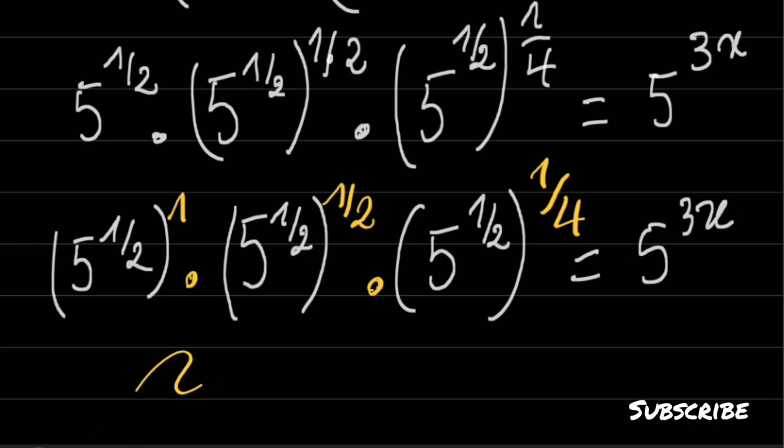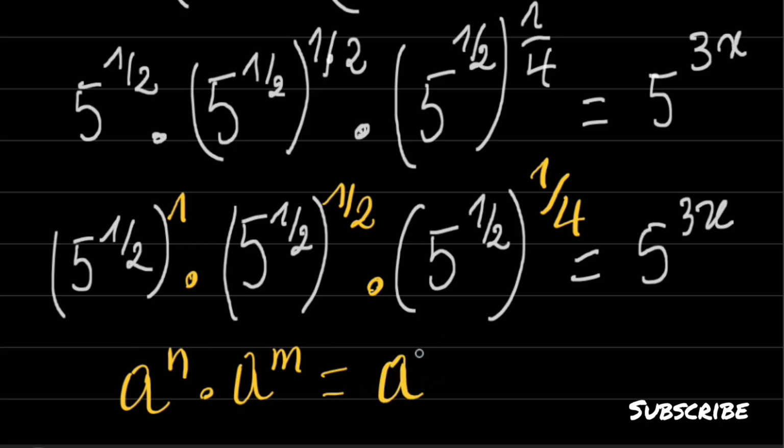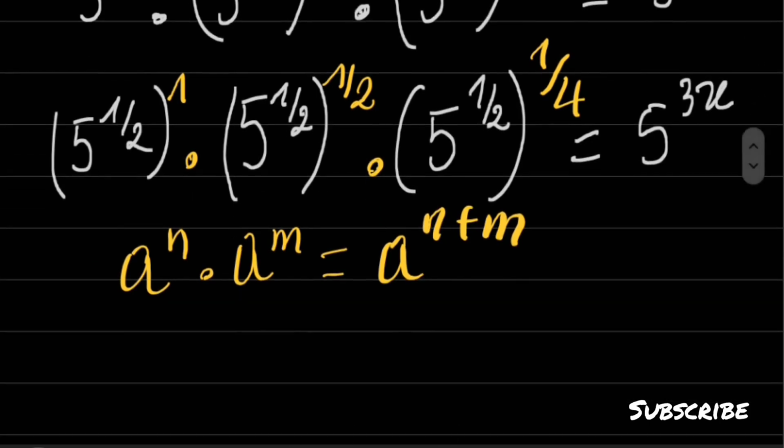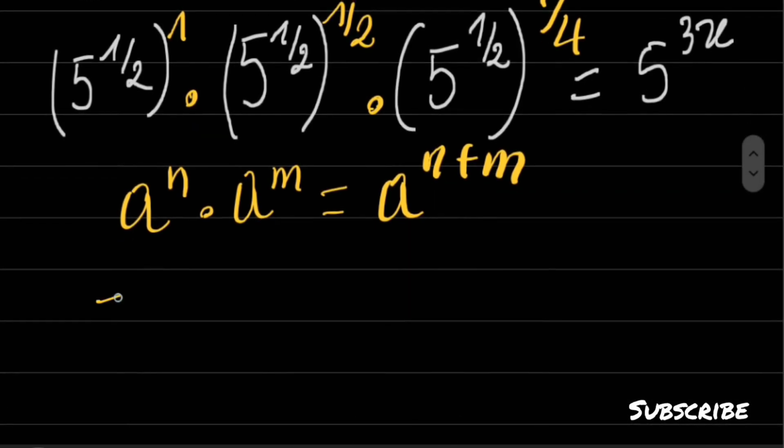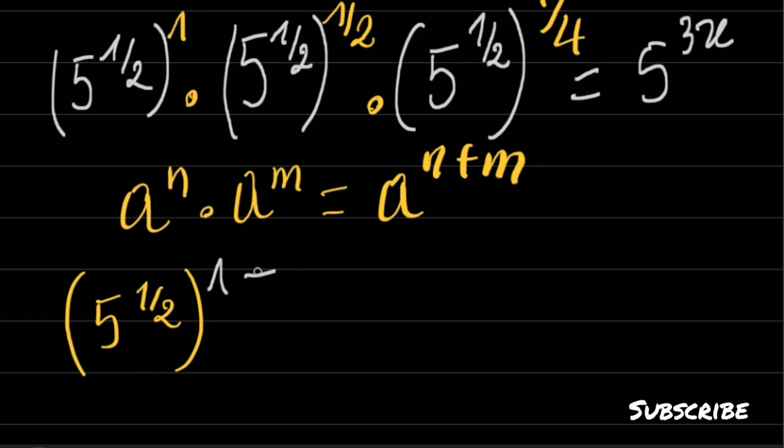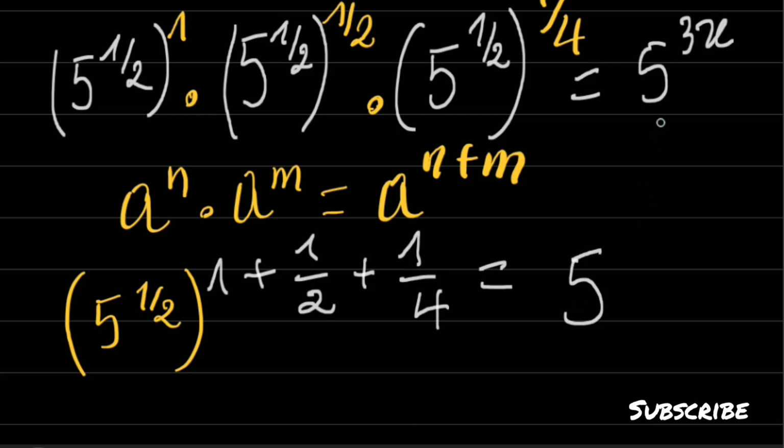We know that a to the power n times a to the power m is equal to a to the power n plus m. We are going to apply this at this level. So we have 5 to the power half, all to the power 1 plus 1 on 2 plus 1 on 4, which equals 5 to the power 3x.